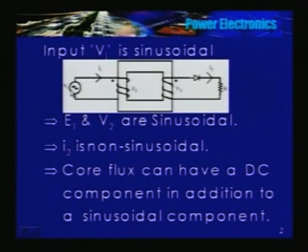Input is AC, which is sinusoidal. Induced voltage is also sinusoidal. So KVL fails. Any circuit cannot violate the physical laws, whether it is power electronics or any subject. It cannot violate the basic laws, remember.